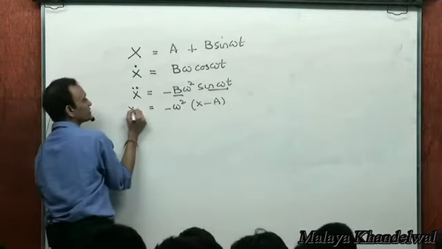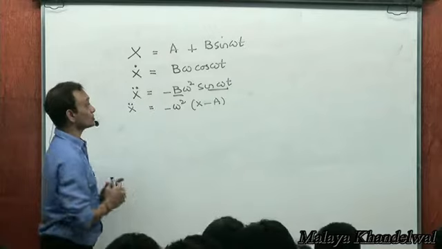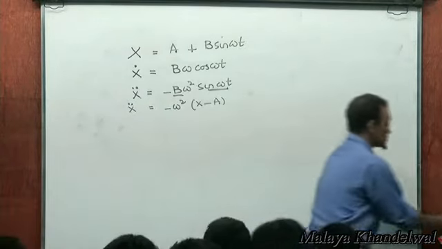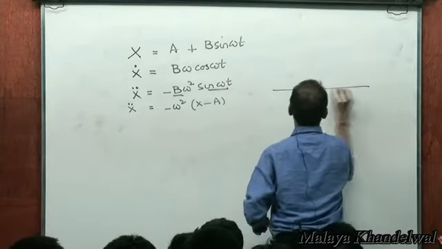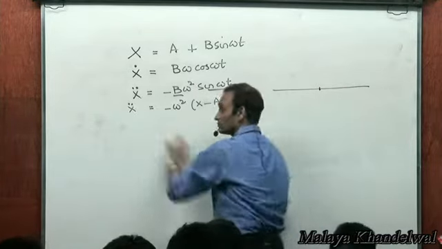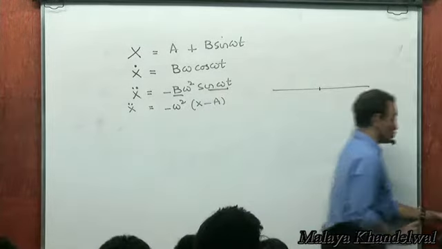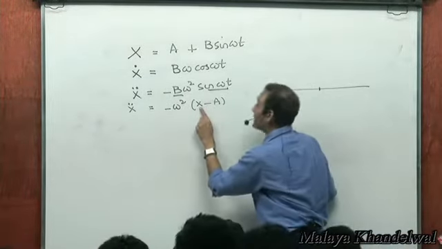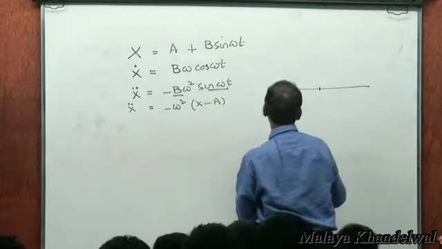Now the way you can read this is as follows. This is acceleration. Left hand side is acceleration proportional to displacement, not from x equal to 0 but from x equal to a. Yes or no?